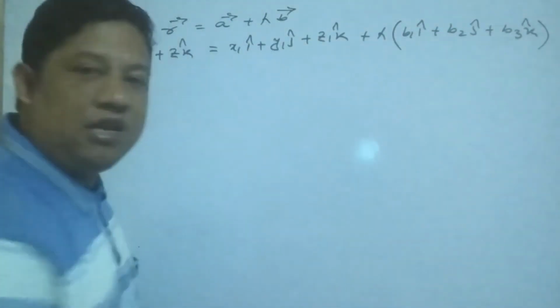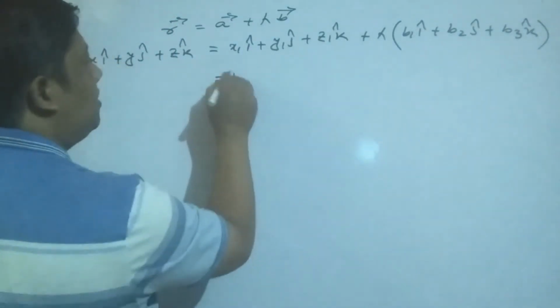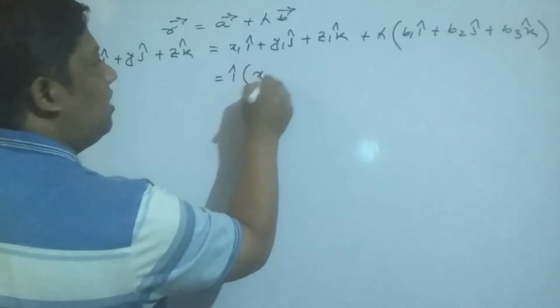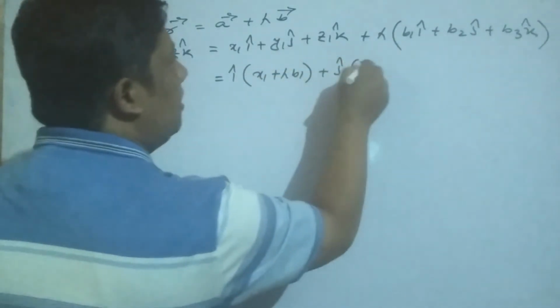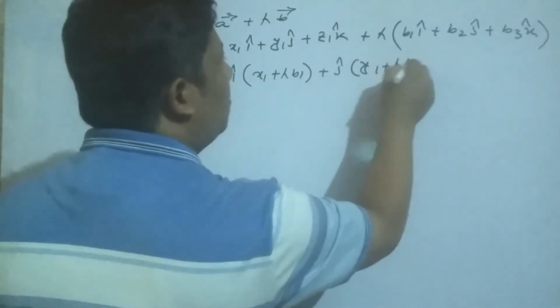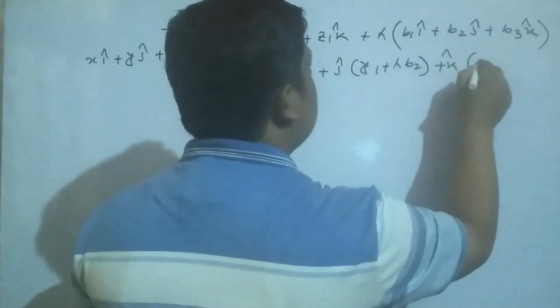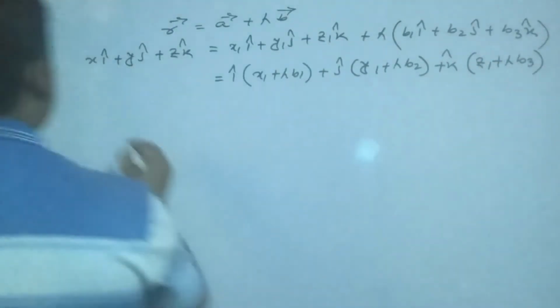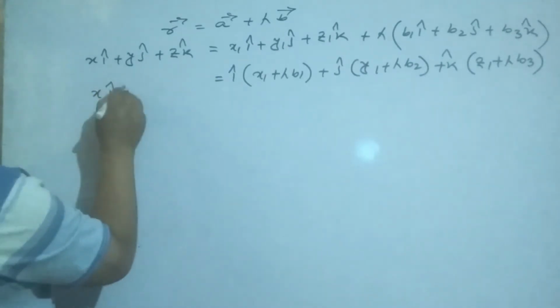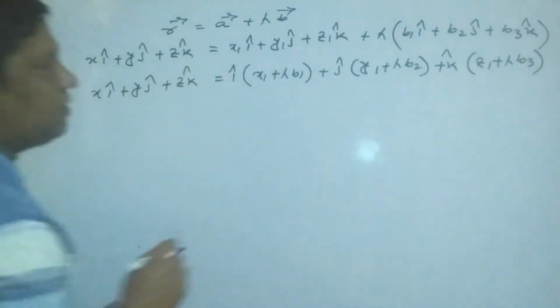So if you take the common i, x1 plus lambda b1, and j, y1 plus lambda b2, and k, z1 plus lambda b3.